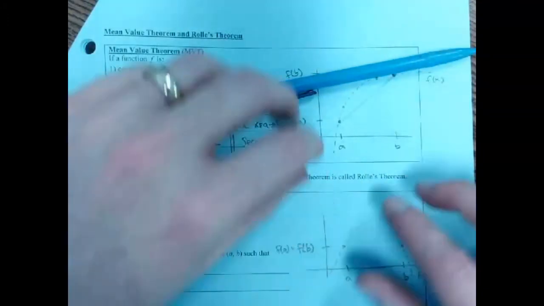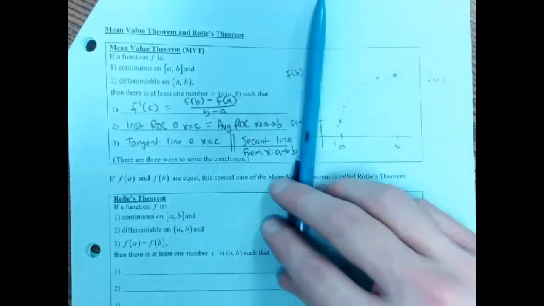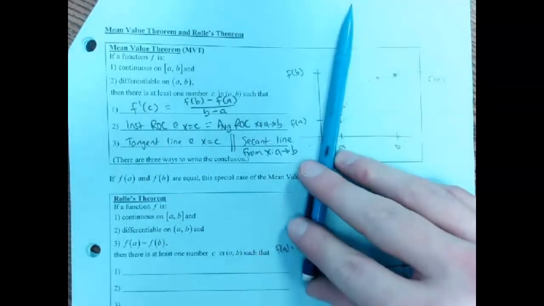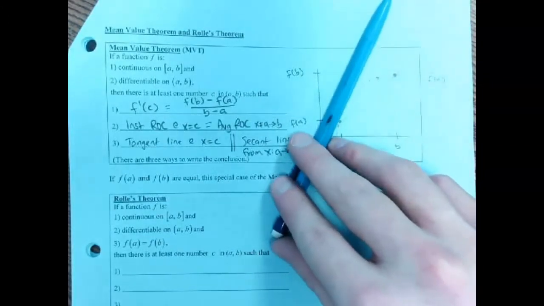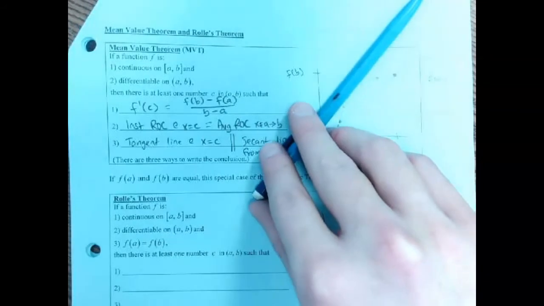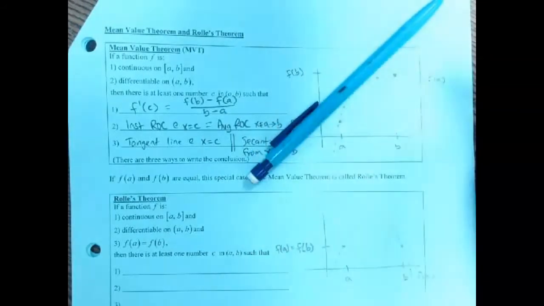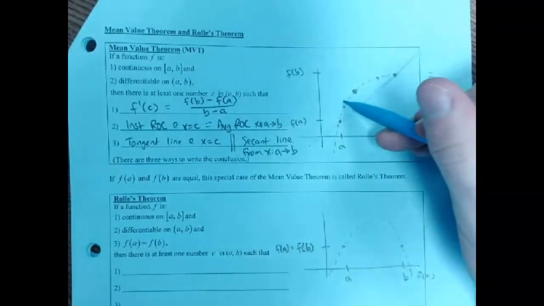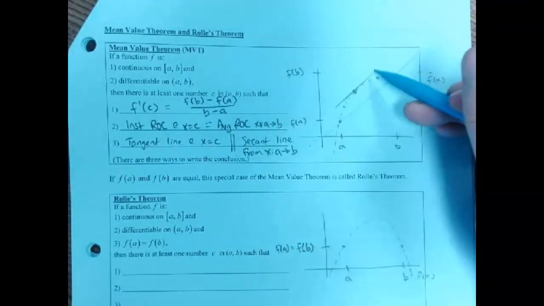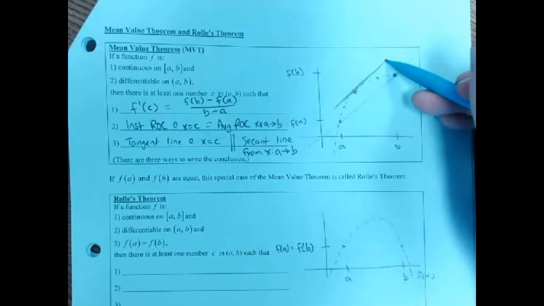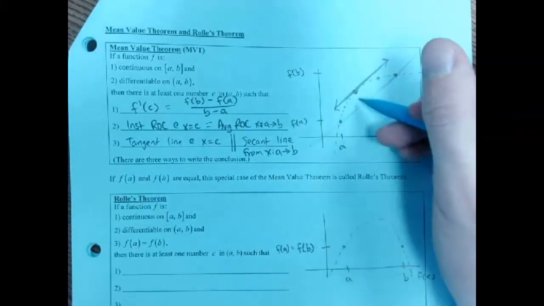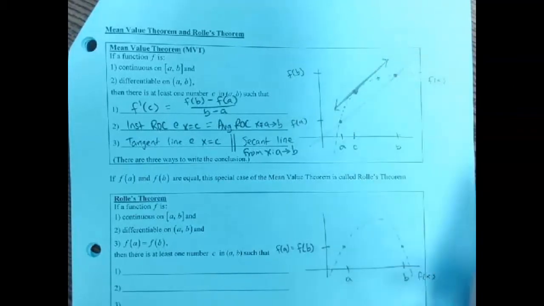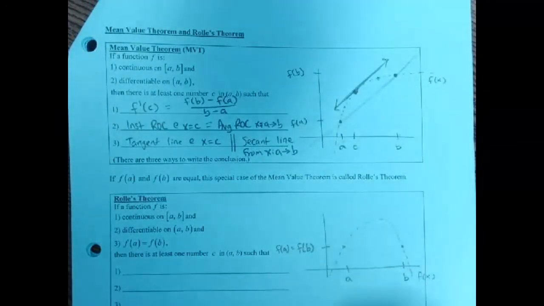But what this theorem says is, at some point on this function, there's at least one spot where the tangent is going to match. And it looks like maybe that point would be around here, right? If you were to draw the tangent line that just touches and grazes the function at that one spot, it looks like the tangent line at that specific point is going to be parallel to the secant over your interval.